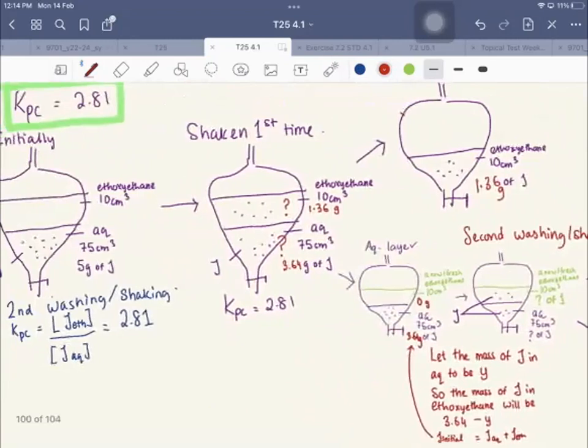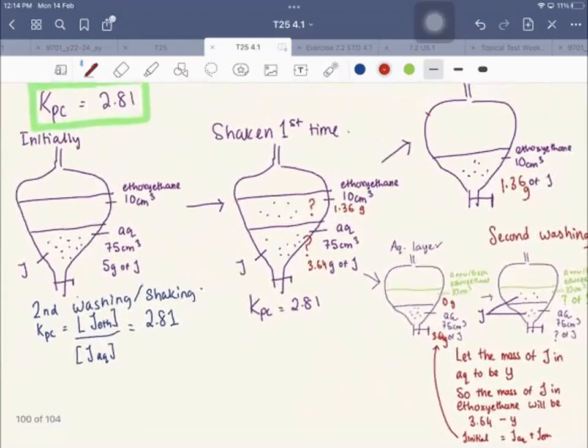So I go back to the expression. Ignoring my first washing, I should now focus on my second washing. That means the concentration of J in ethoxyethane is 3.64 minus Y over the volume, which is 10, divided by the concentration of J in aqueous, Y over 75 centimeter cube, equals 2.81.